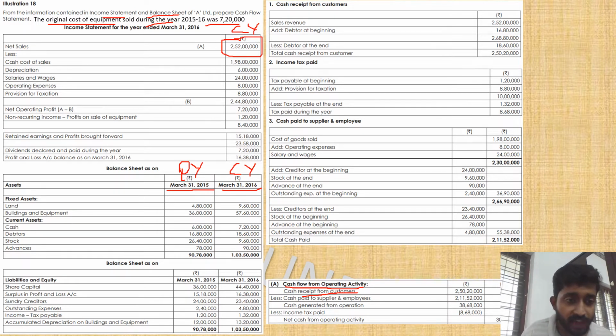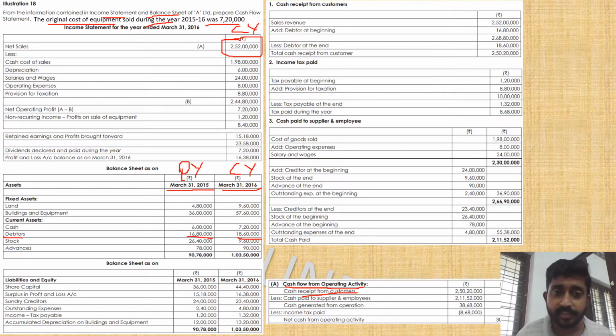Now any credit sales will be reflected in the debtors. And if you see, debtors opening was 16.8 lakhs, closing is 18.6 lakhs. So what does this show? Your debtors has gone up, which means your pending payments from customers has gone up, which means your cash flow has gone down.